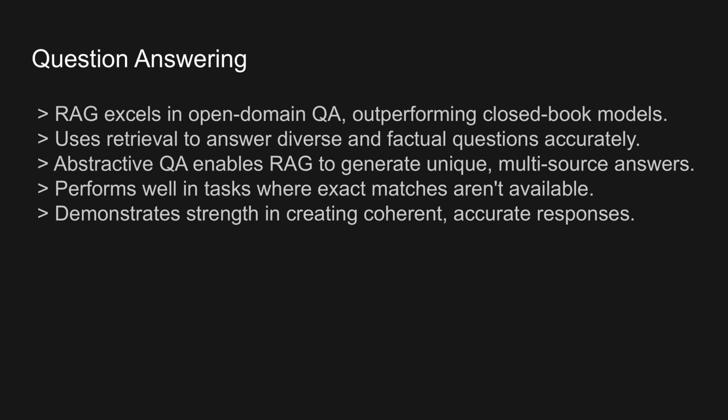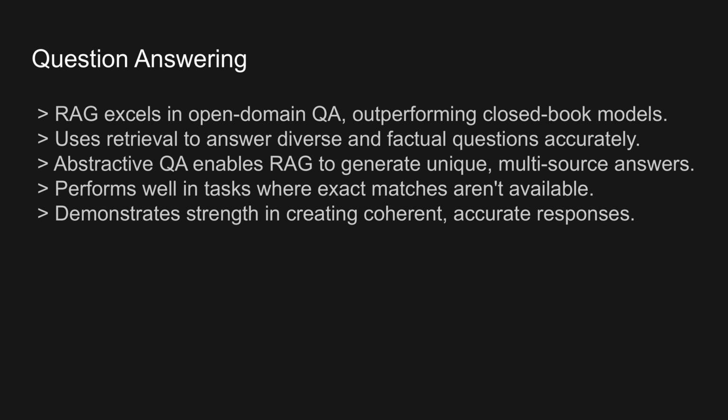Got it. And then there's the abstractive QA task, which I assume goes even further by requiring RAG to create new phrasing based on what it retrieves. Yes, that's right. In the abstractive QA task, RAG generates answers in its own words, making it an advanced form of natural language generation.